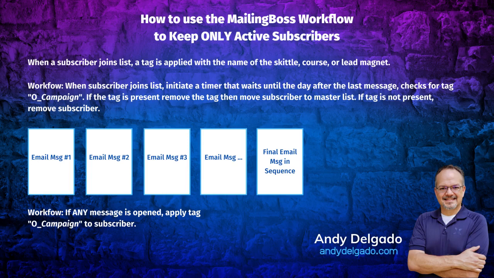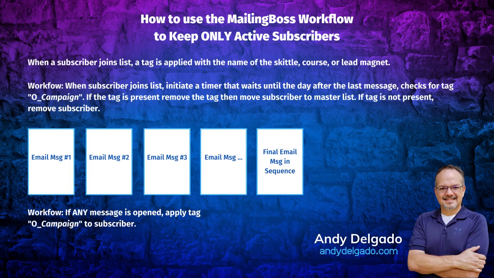Then we created a workflow that said when a subscriber joins the list, initiate a timer or a delay that waits until the day after the last message. Then it checks for the tag O_campaign. In our case, it was O_tap_this_world. If the tag is present, we want to remove the tag and move the subscriber to the master list. If it's not present, we want to remove the subscriber.